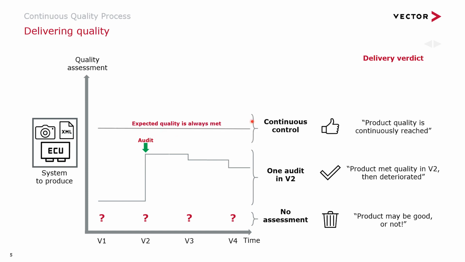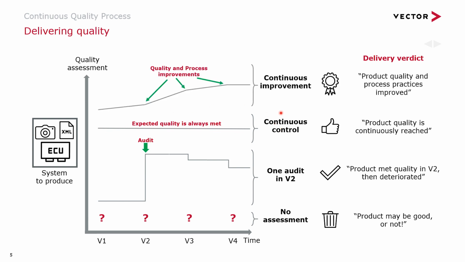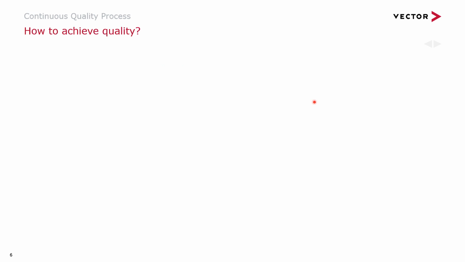The continuous control, once all the teams, as I said before, are used to do and confident in using the quality monitoring tool, well, the quality will be met as the different versions of the product are released. And there is a bonus to that continuous control. If you regularly verify, analyze your process, how your tools are being used, well, there is a possibility to raise even more the quality being produced.